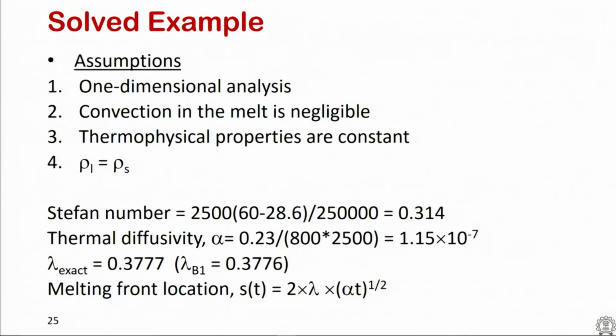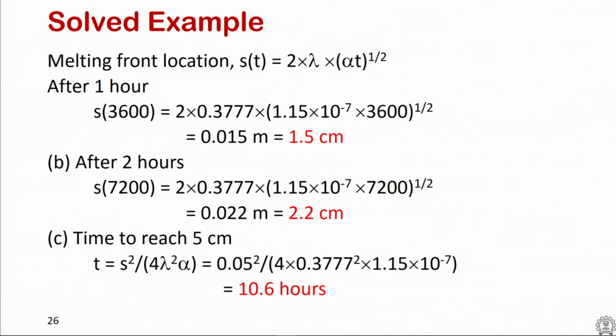In order to estimate the melting front location, one has to use the equation S equals 2 lambda times square root of alpha t. If you substitute for the first 1 hour, the melt location reaches about 1.5 centimeters, where we have used 2 times lambda, lambda being 0.3777, times the square root of alpha t.